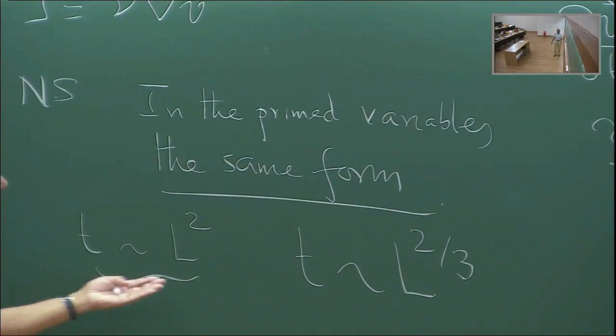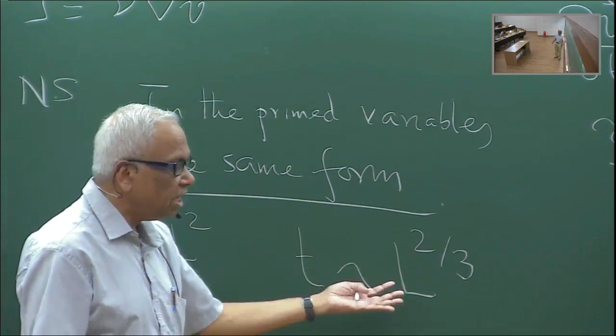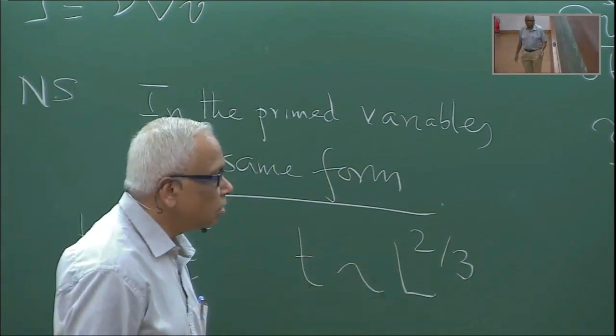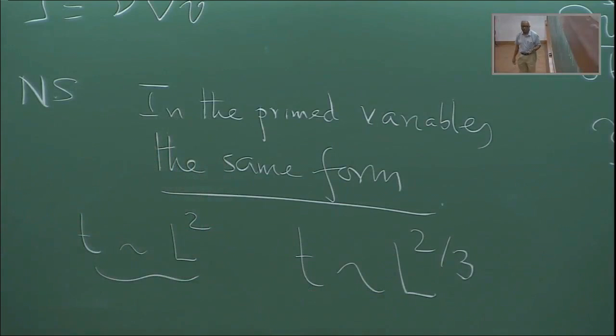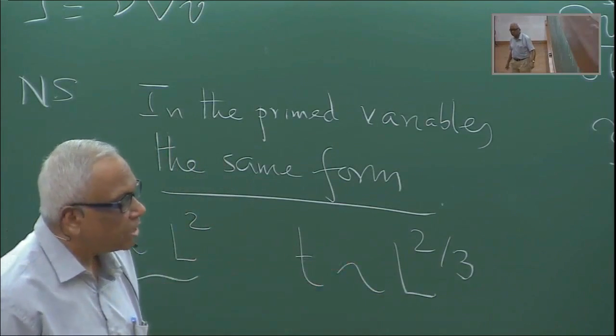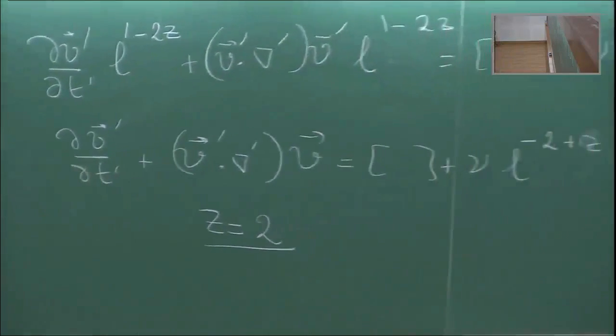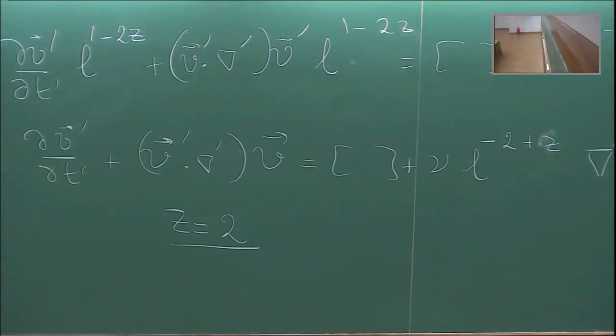And that's what you are seeing over here, that the time scale for the thing to spread over a distance L has now become L to the power 2/3. So instead of the L squared which you had over there, it's L to the power 2/3. The point is that the diffusion coefficient, which is this viscosity, the diffusion of momentum, is scale dependent and increases with scale.